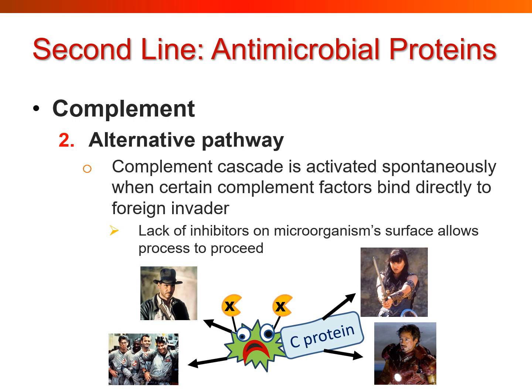If certain things are present, then we can take this pathway, but if those things are absent, then we can follow this other pathway in order to get to our final result. So if our microbe doesn't have certain inhibitors that are resistant to our attempts to kill it, then we get to follow the alternative pathway. But if those things are there, then we're going to have to attach the antibody.